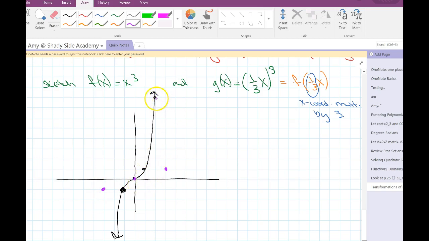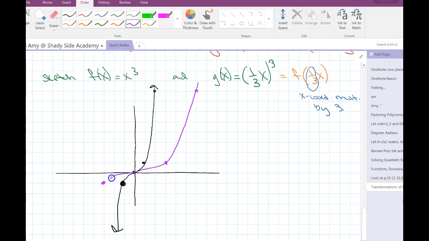This point here, which was (2, 8), becomes (6, 8). And that's what happens. This is a horizontal stretch.